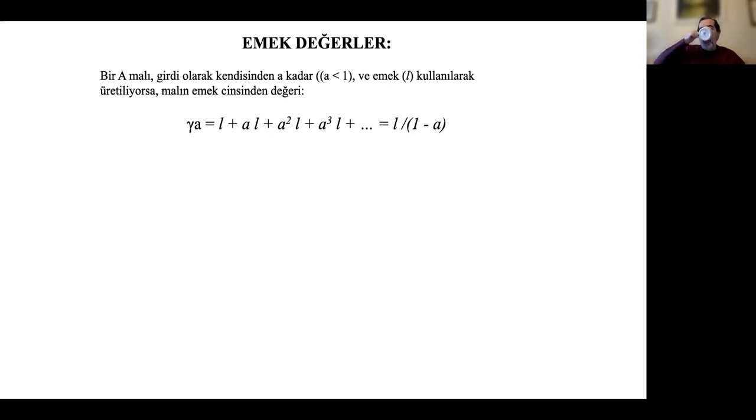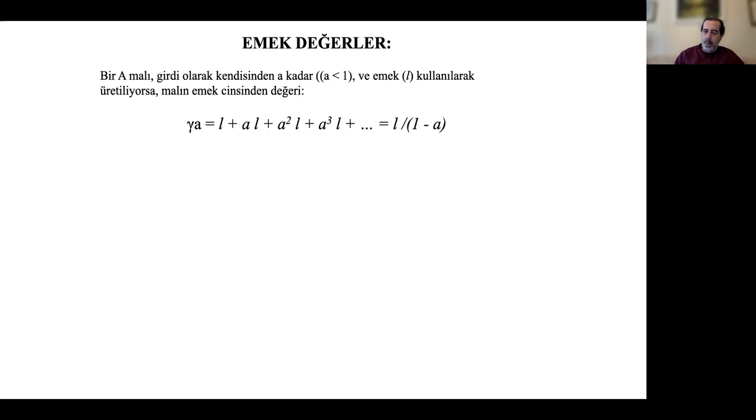Here is the total amount of wheat that is used as input to produce 1 unit of commodity A. This should be less than 1 for an obvious reason. If you use, for example, 2 units of wheat in order to produce 1 unit of wheat, this production will not be feasible, right? There's no reason for engaging in this production.